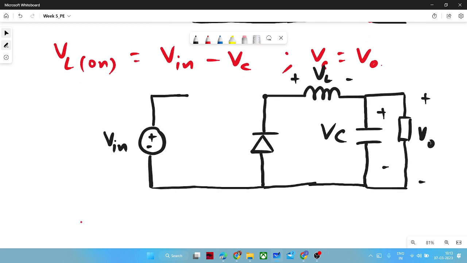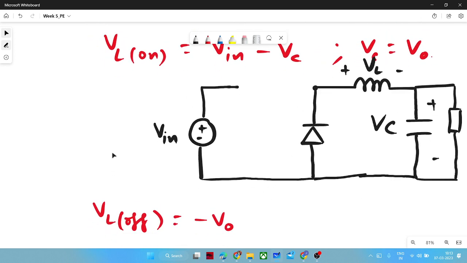So let me write that VL during off condition. What voltage it will see? Anybody, please? Minus V naught. Minus V naught. Perfect. So it will see minus V naught. So now you can see that negative voltage across the inductor is appearing, and due to this, it will start discharging its energy across the load, right? And capacitor as well.